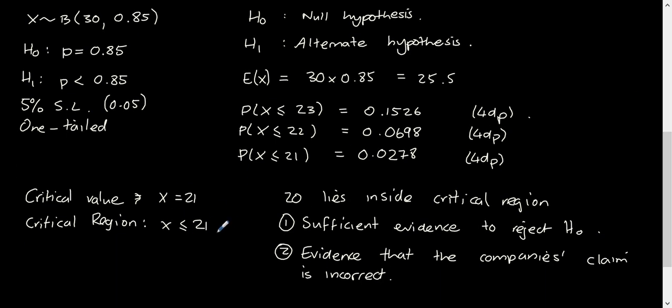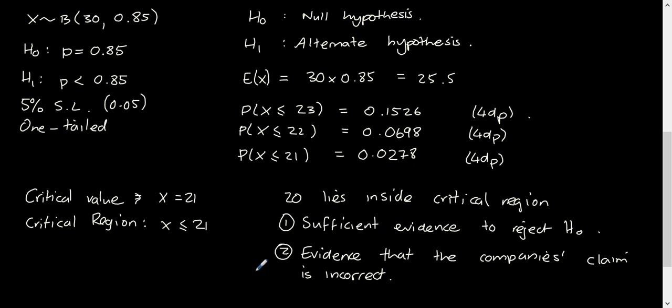Our critical region, therefore, was less than or equal to 21. We compared the 20 people who had recovered out of 30 in the question with this result. 20 is less than or equal to 21, so it's inside the critical region, which means that we reject the null hypothesis. This does not seem to be true. And we say that there's evidence that the company's claim is incorrect.